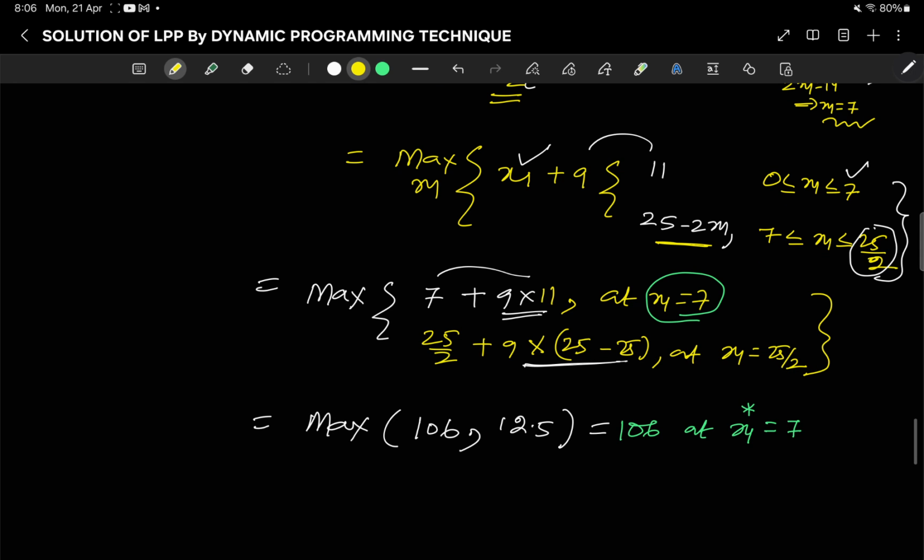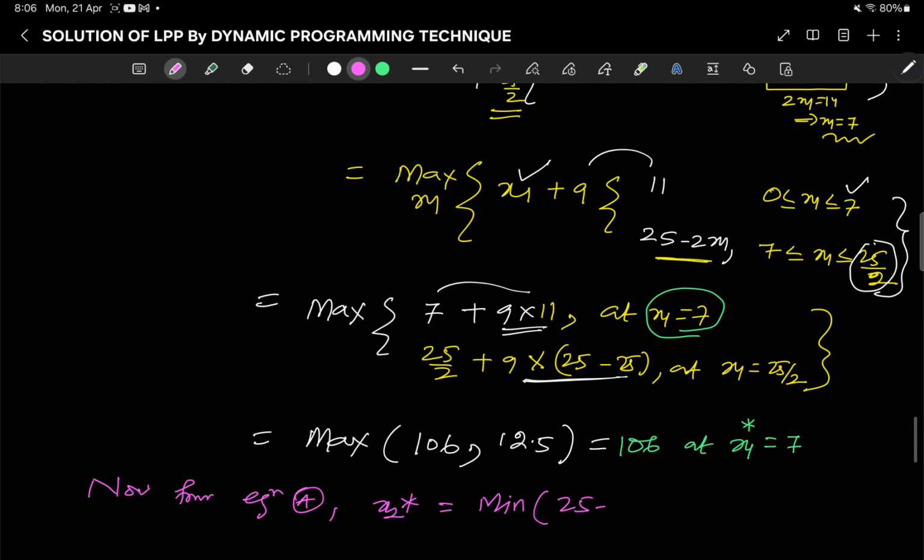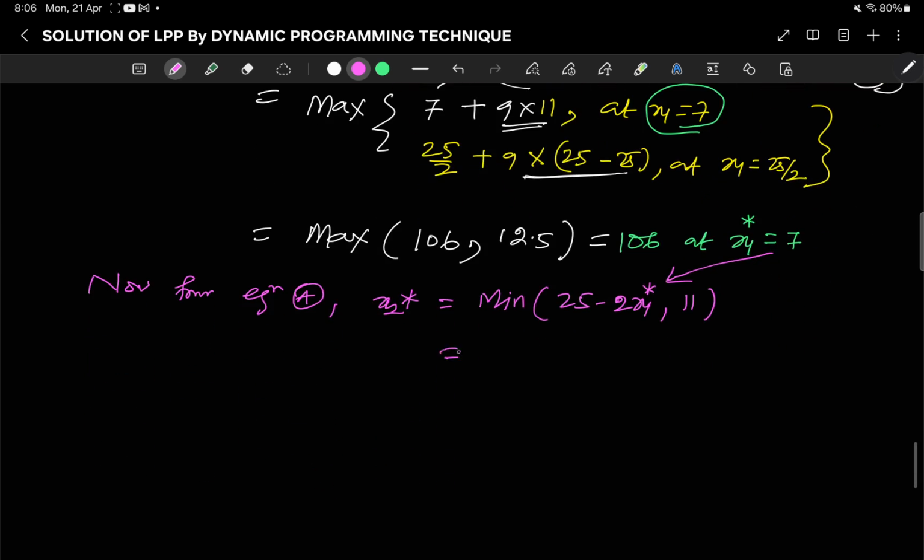Now from equation A, x2 star is equal to the minimization of 25 minus 2x1 star and 11. I substitute x1 star here, so this is the minimization of 25 minus 14 and 11, which is the minimization of 11 and 11, equal to 11.